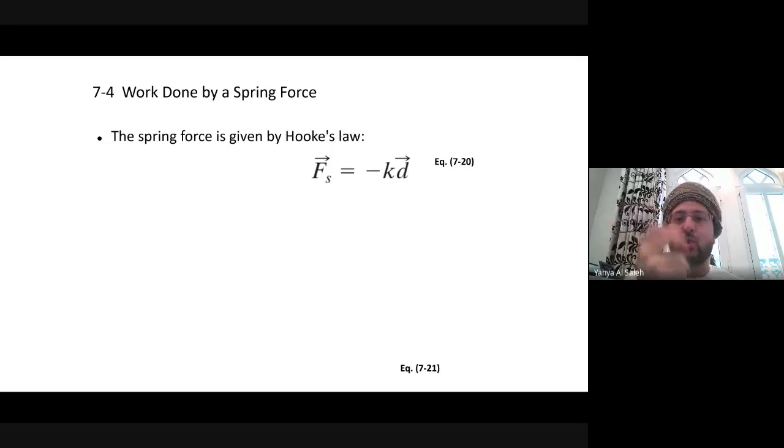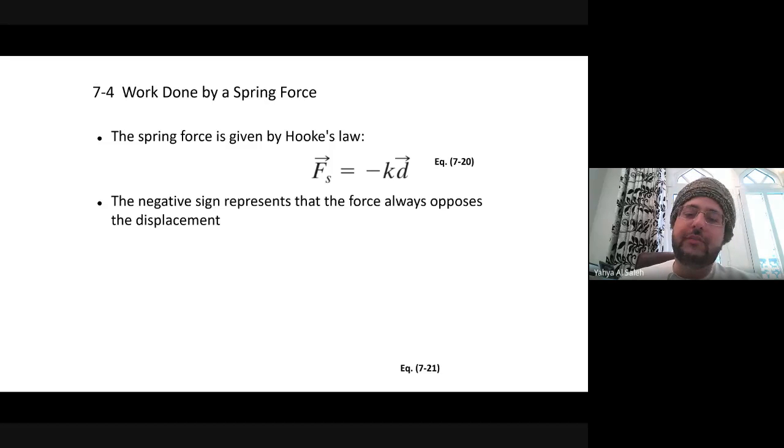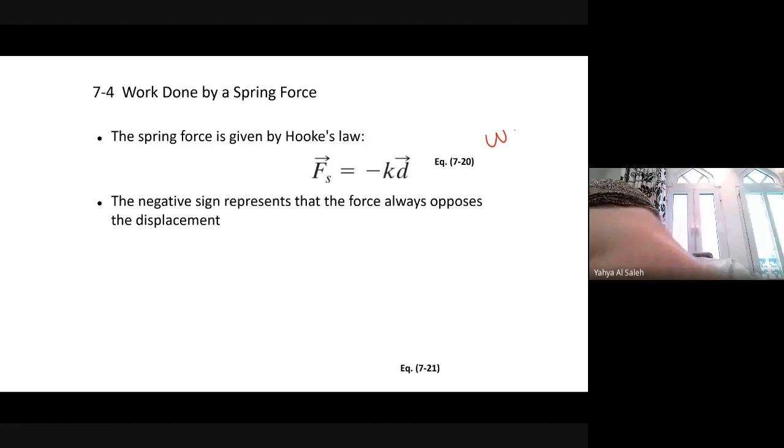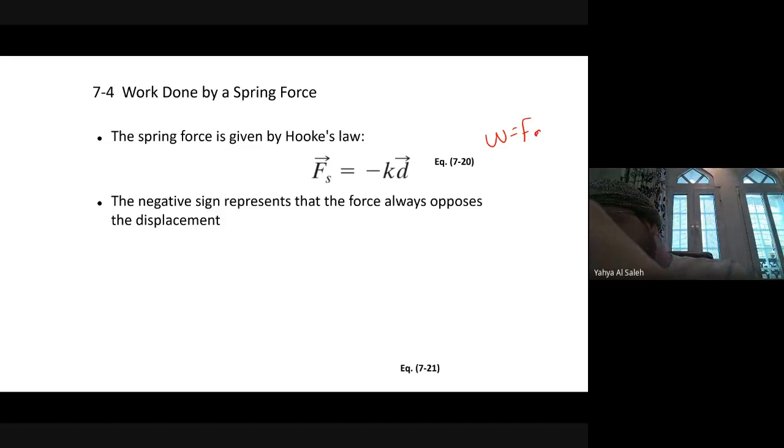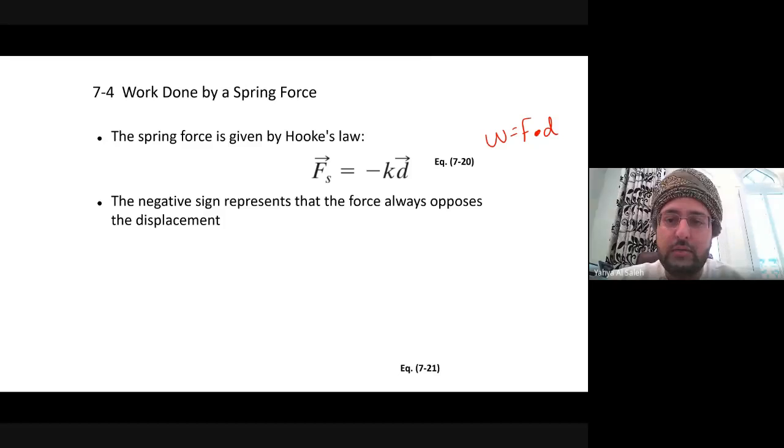So what is the work done by a spring force? Well, we know what the spring force is: F equals minus Kx, or minus Kd if you want, where d is displacement. What did we say the definition of work was? Work equals F dot d. I have one tiny problem here.